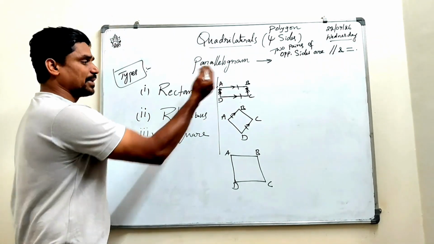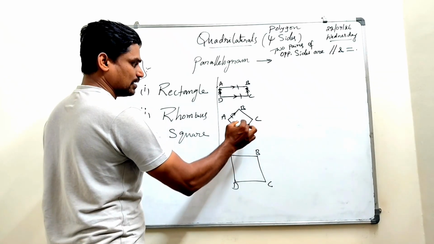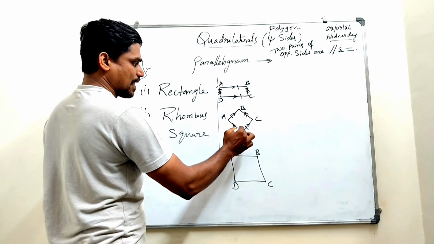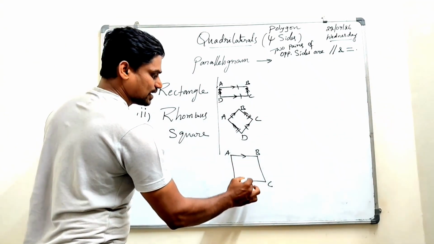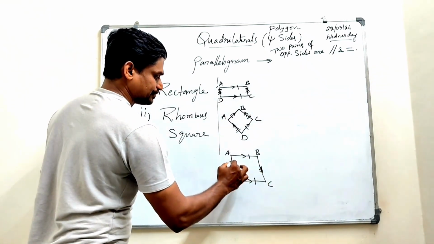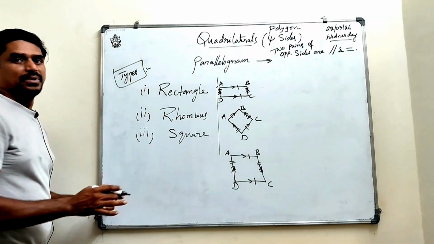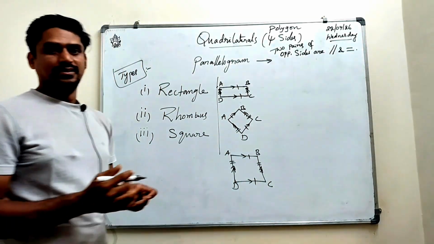Now why is a rhombus a parallelogram? Because here also opposite sides are parallel and equal. Understood? And in a square also opposite sides are parallel and equal. This is common. This is compulsory. That is the main property to be satisfied in all three.